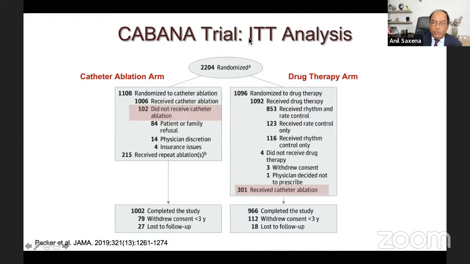So for example, in the ITT analysis, even the patients who have received catheter ablation will be included in the drug therapy arm for the purpose of statistics. And patients who did not receive catheter ablation will also be analyzed in the catheter ablation arm. So that is the drawback of the ITT, but that is how conventionally we have been using the analysis.